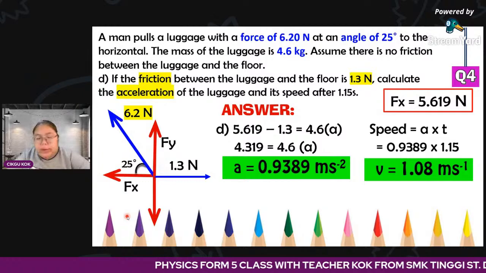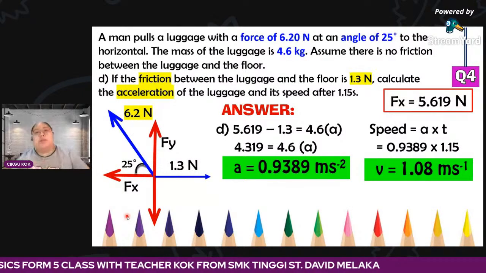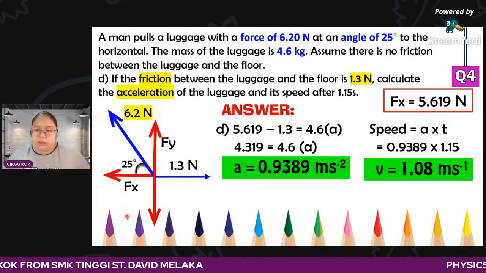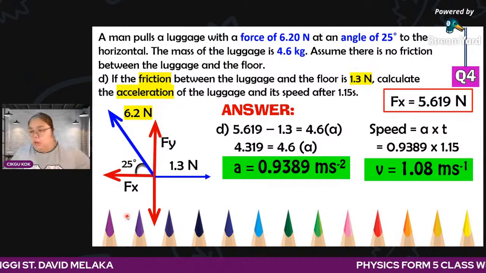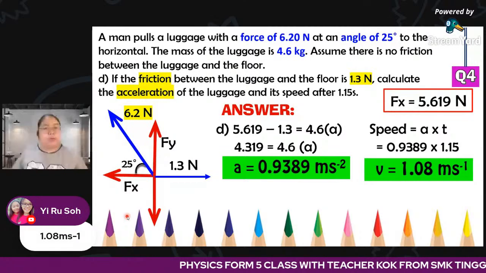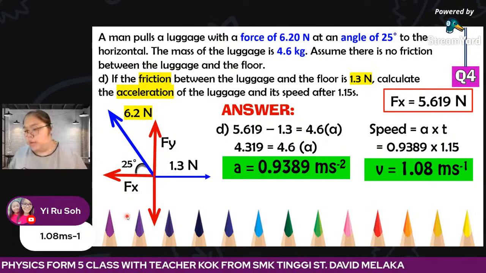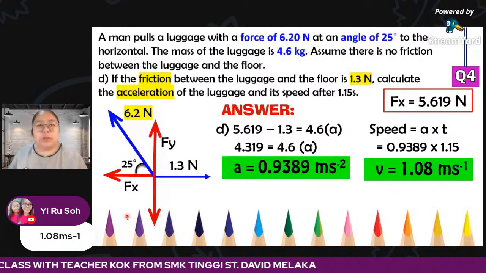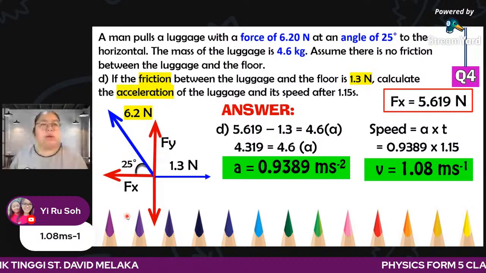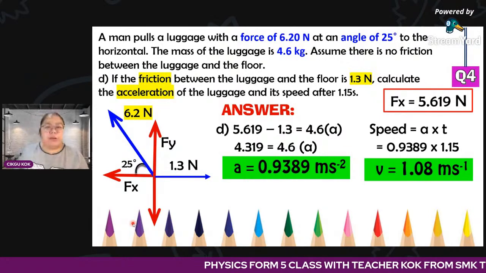Okay, Yiru is correct. 1.08 m/s^-1. So that means Nixon, do the correction. So that means your calculation is wrong. Okay, so from here I pin the answer from Yiru, 1.08. Okay, Sharon also correct. Okay, Ling Han, speed equal 1.08. Okay, correct. Okay, so thank you for your answers.